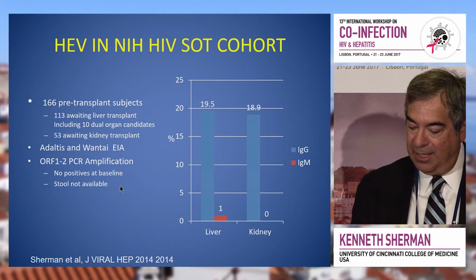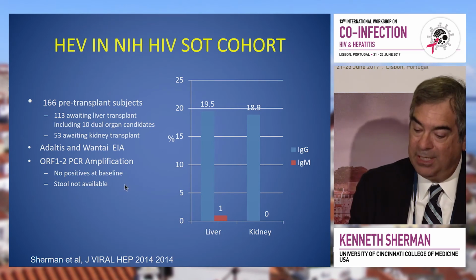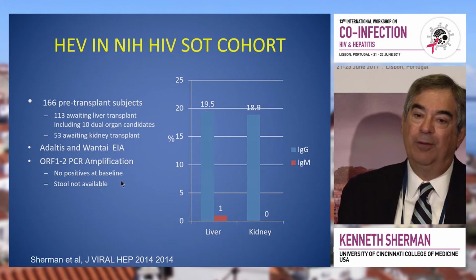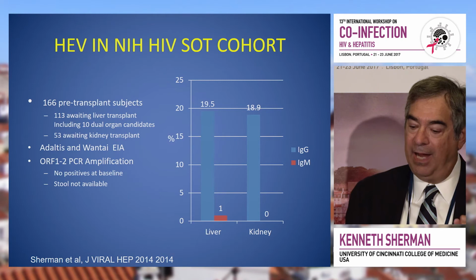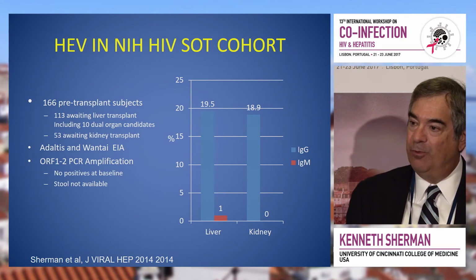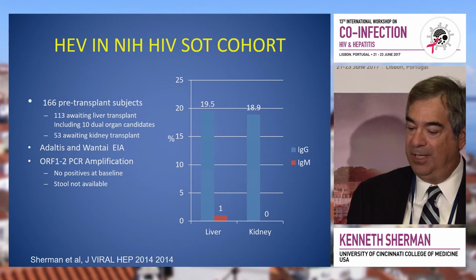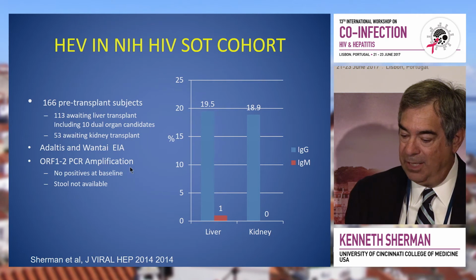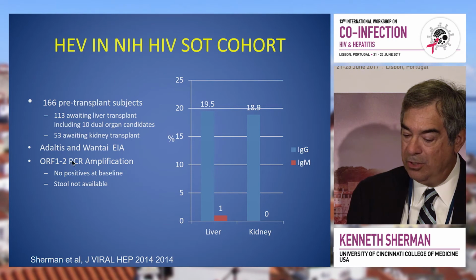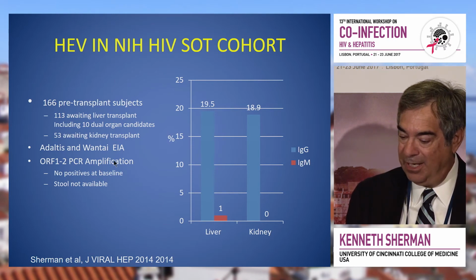This was a study from my group looking at samples from patients who were enrolled in a U.S. national cohort of HIV patients who were being considered for liver and kidney transplantation. There were 166 pre-transplant subjects. We used the 2 different assay methods for IgM and IgG using the definitions I already gave you.